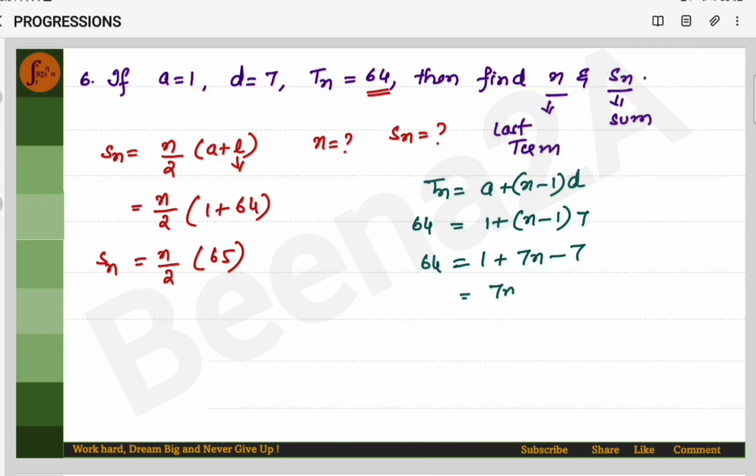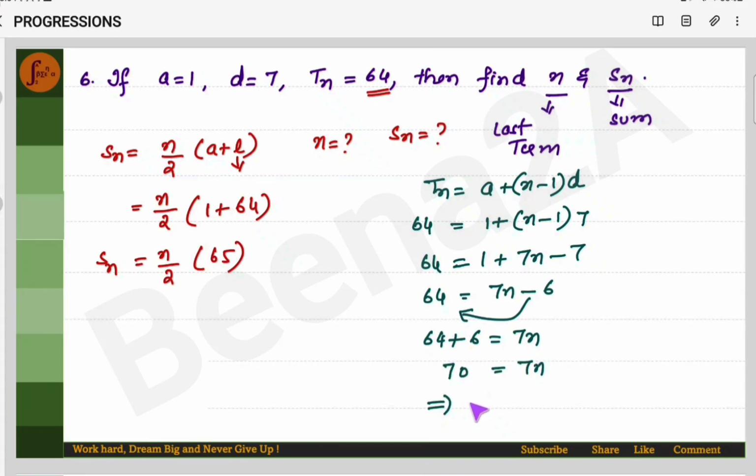So I'll get 7n. 1 minus 7 is minus 6. This is 64. I'll shift this here. So 64 plus, when I shift minus 6 this side, it becomes plus 6. So 64 plus 6 is equal to 7n. So 7n is equal to 70.